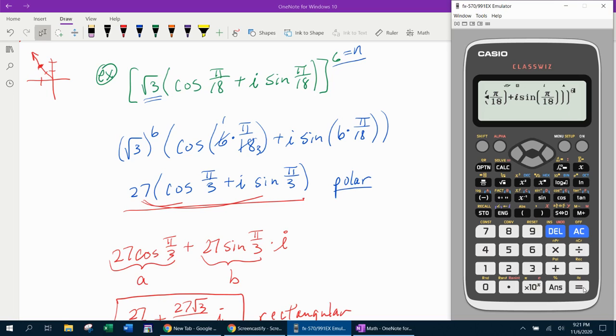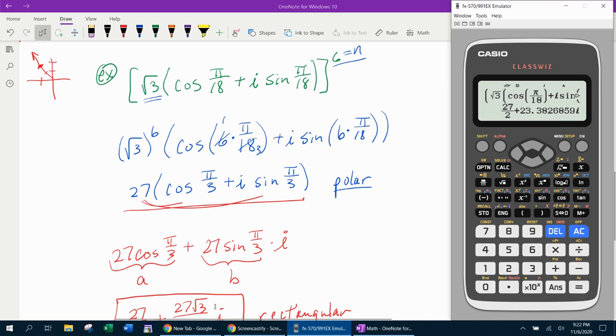Look what it did. It gave me the 27 halves, but this, it did not give me the exact value. It rounded that, 23.38.